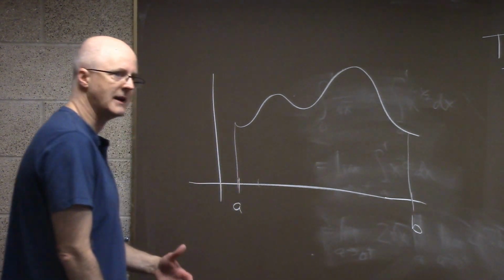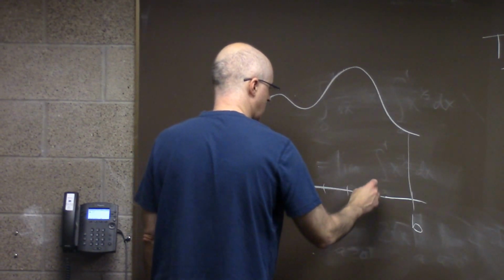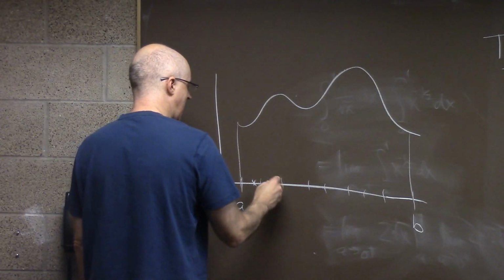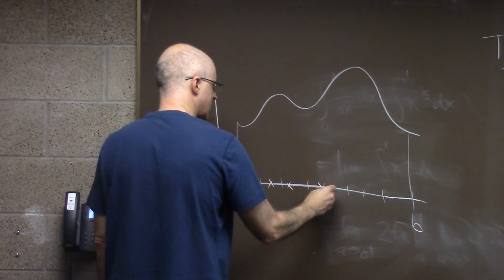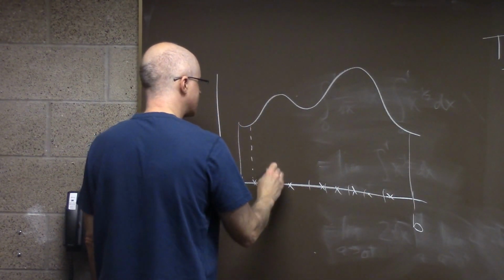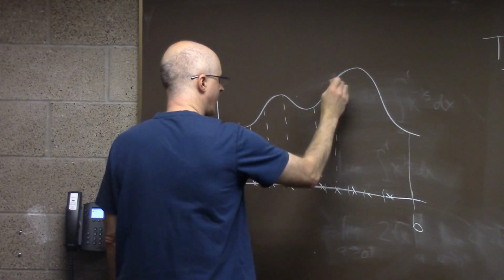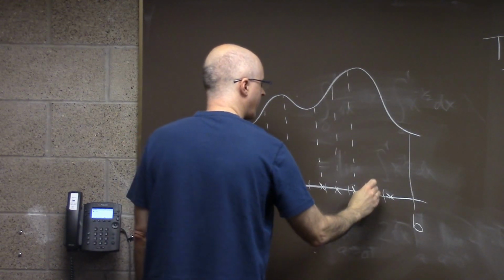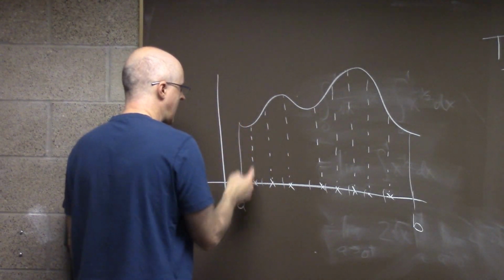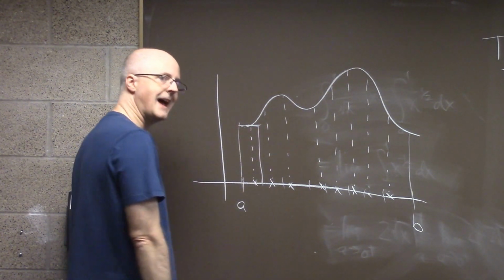Okay, so I'm not going to try to draw it as accurately as I can here, or try to approximate the area as accurately as I can. I'm just going to draw sort of an arbitrary Riemann sum based on tags. I think I'll mark the tags with X's here. Use the tags to determine the heights of the rectangles. So I'm going straight up from those tags to the function, and the height of each rectangle is determined by the height of the function at the tag.